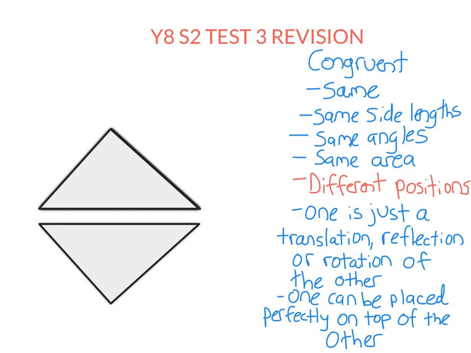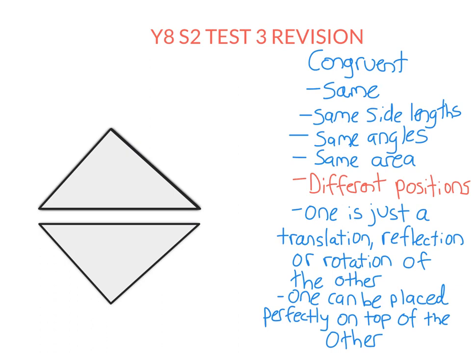So the bottom triangle is just a reflection of the top. So whenever you take a shape and you reflect, translate, or rotate it, you end up with a congruent shape. So congruence essentially means, if two shapes are congruent, that one can be placed perfectly on top of the other.